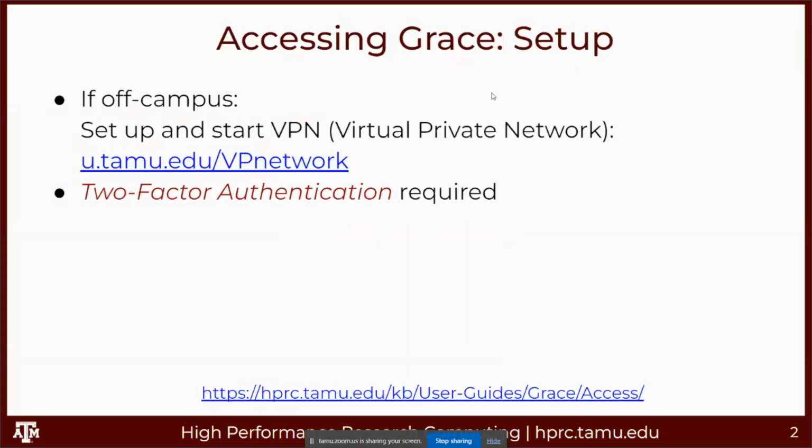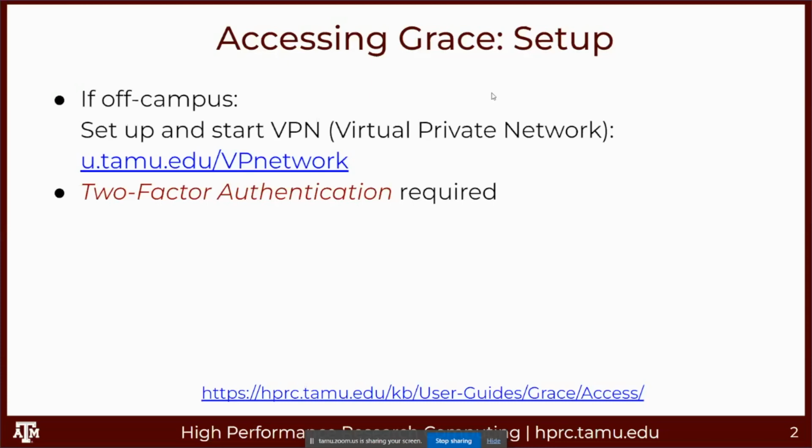The first step that you're going to want to do is make sure that you're either using A&M's Wi-Fi, or if you're off campus, you will need to set up the virtual private network so you can actually have access to all of these things.